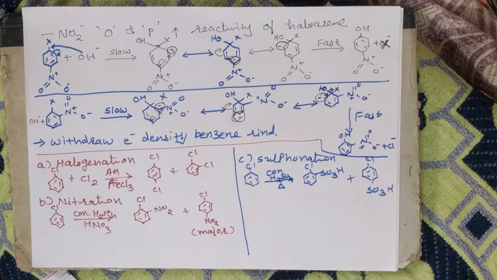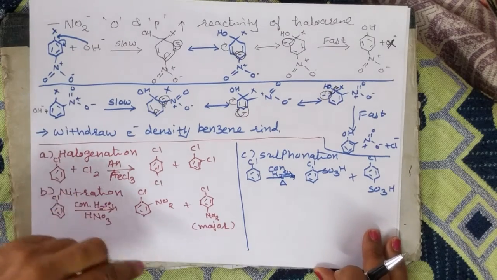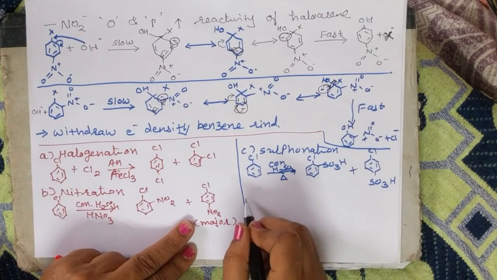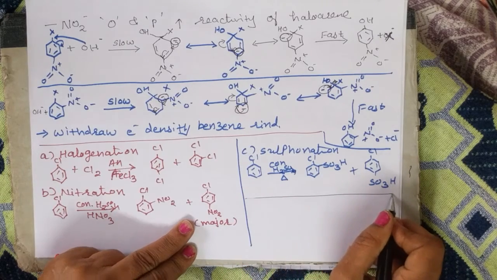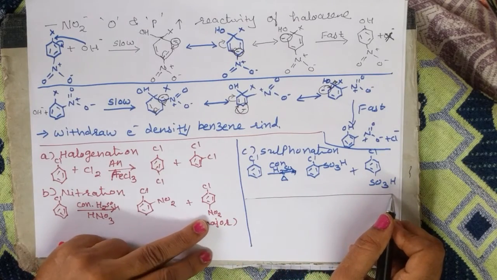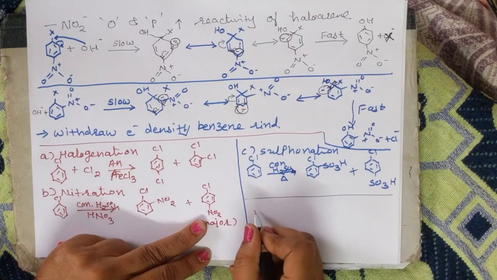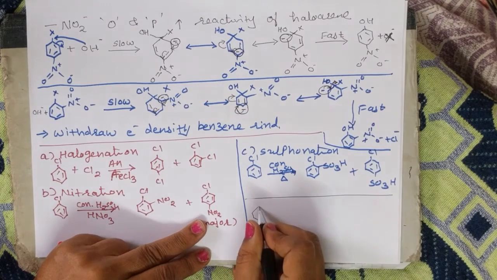The next very important reactions are Friedel-Crafts alkylation and Friedel-Crafts acylation. Very important questions are generally asked in the board exams for sulfonation, and also for Friedel-Crafts alkylation and acylation. Some questions are commonly asked in routine.